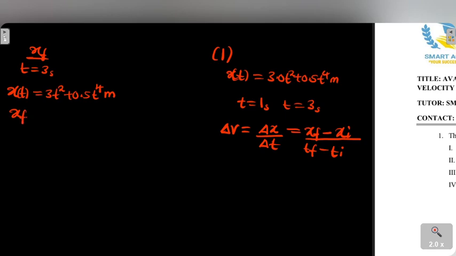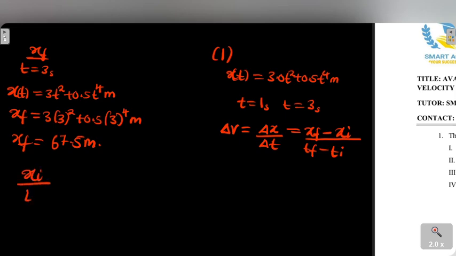So the final position will be equal to 3 times 3 squared plus 0.5 times 3 to the power 4 meters. So the final position will be 67.5 meters.